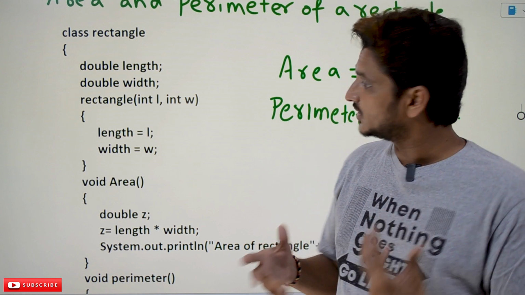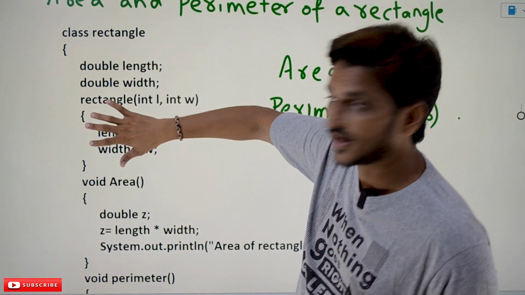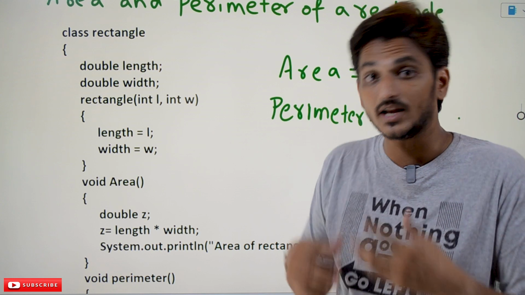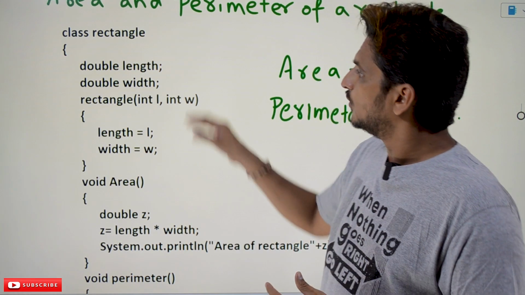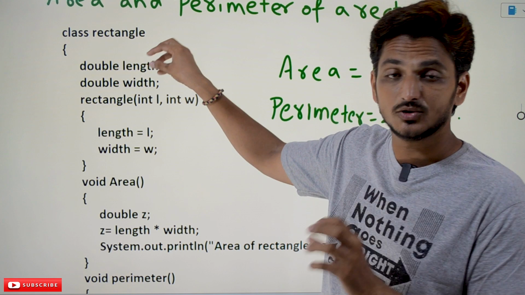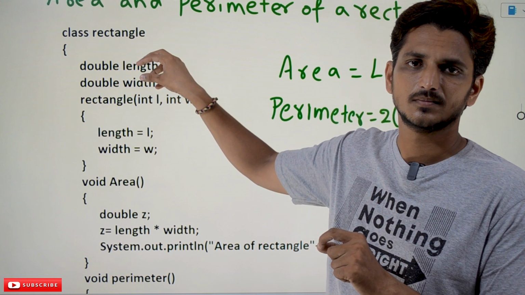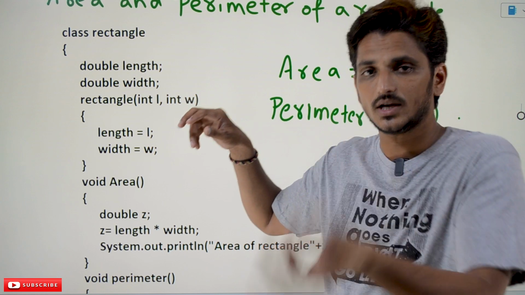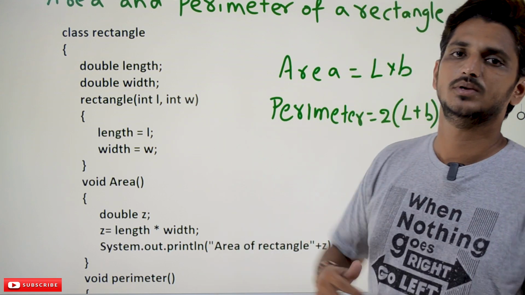Now one more point you have to understand. We defined a Rectangle constructor. Why did we define that? Whenever we are defining an object, we need to assign some values to the instance variables, because length and width should be provided by the user. If you give that, it is going to give you the area and perimeter.